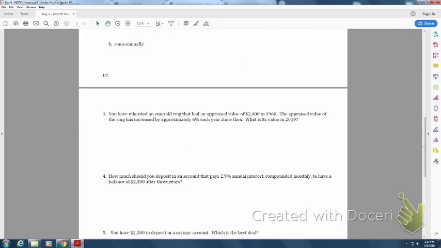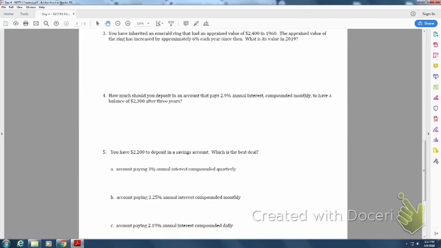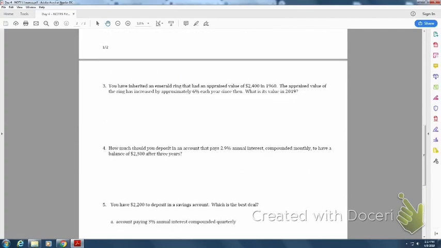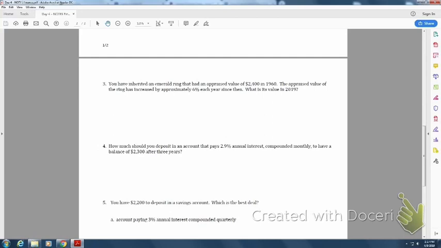All right, go to the back. On number 3, it says you have inherited an emerald ring that had an appraised value of $2,400 in 1960. The appraised value of the ring has increased by approximately 6% each year since then.